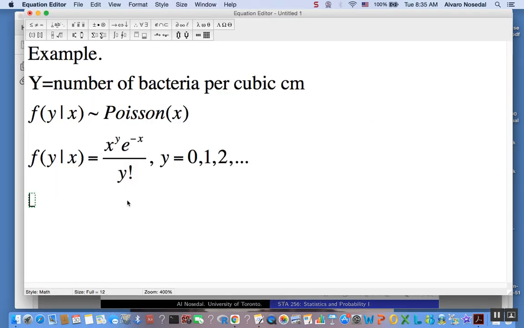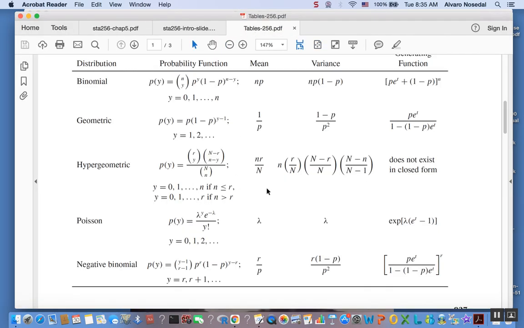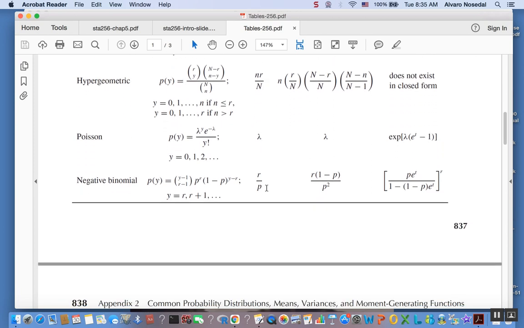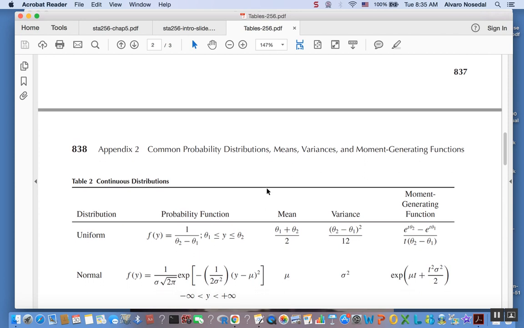What we have here is that f of x has an exponential distribution. If we go back to our table, we have to go to page 838. There is where you will find the continuous distributions.